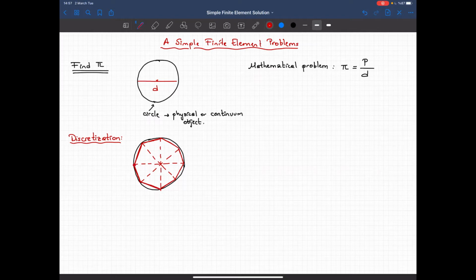And these line elements are defined between nodes 1, 2, 3, 4, 5, 6, 7, 8. And from now on, the structure that I'm solving is actually not a circle, but a discrete version of it.